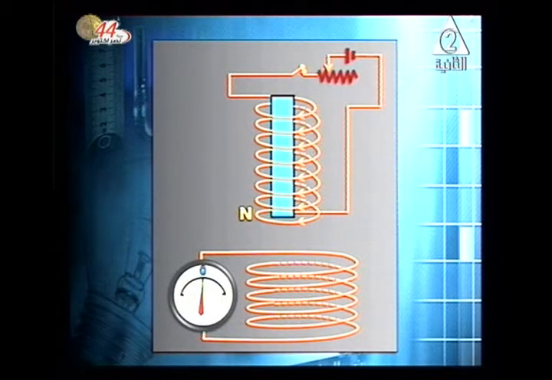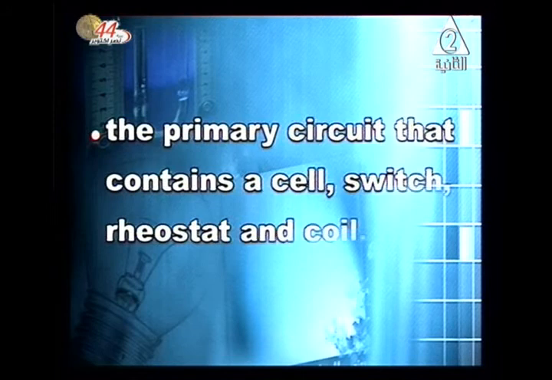And we've got a secondary circuit which consists of a coil of many turns, but wider coil, connected to a center zero galvanometer. We'll talk about the various methods to obtain induced current by mutual induction. We'll take them one by one. One of them is to move the primary coil, the energized one, into the secondary coil.